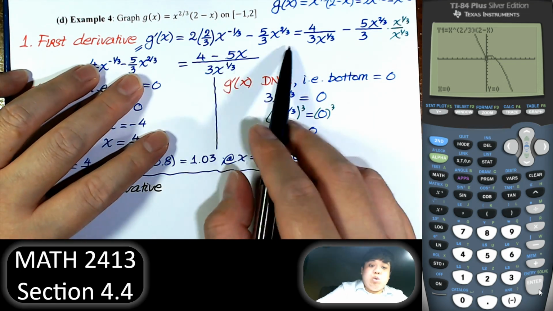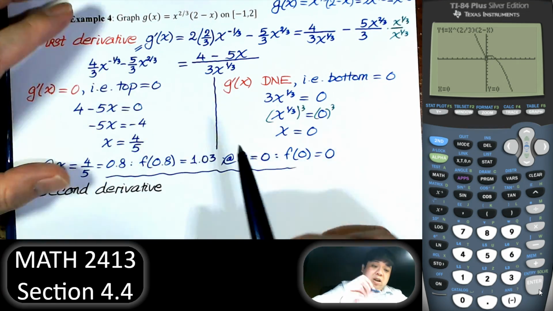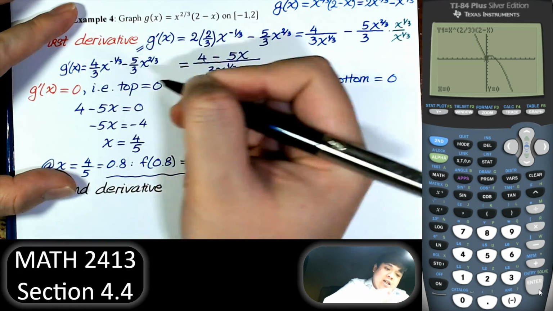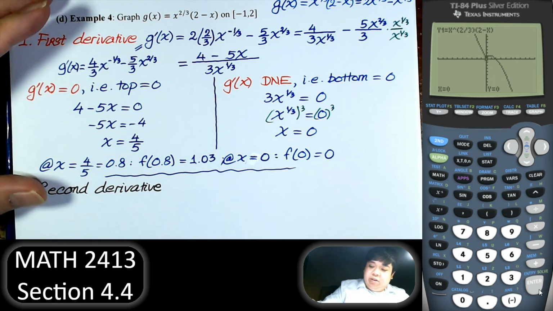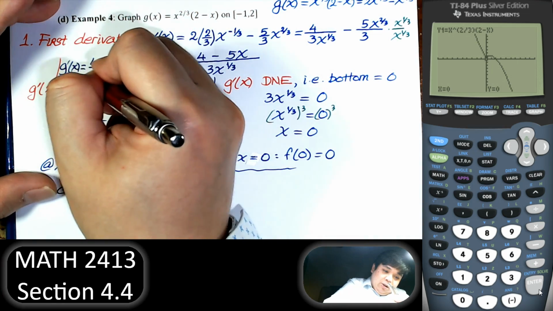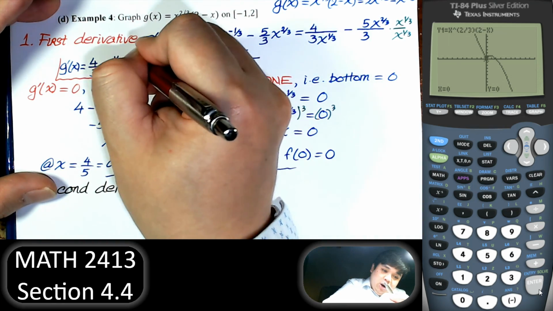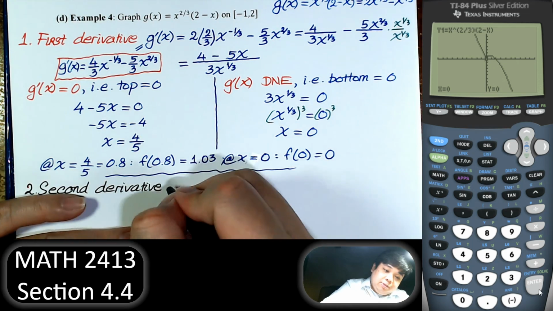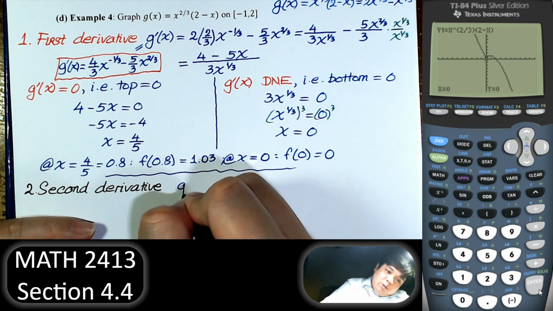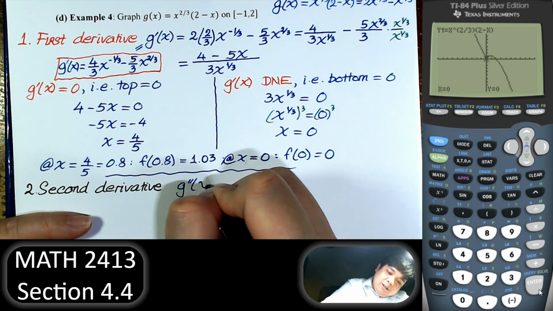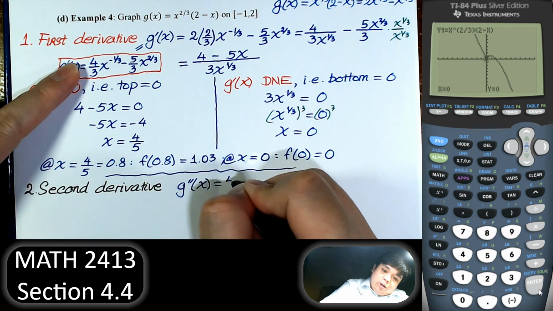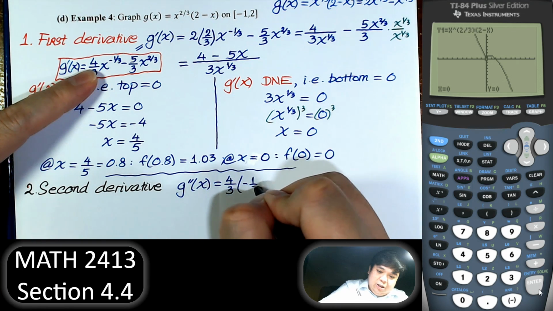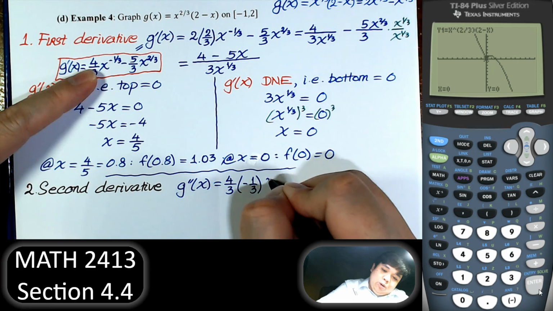It's not easy to solve for, but at least this is easy to go from there to the second derivative. So I will say the first derivative might be better to write in this form, so when we take the derivative, it will be easier. Second derivative: 4/3, take down the power, original power minus 1.